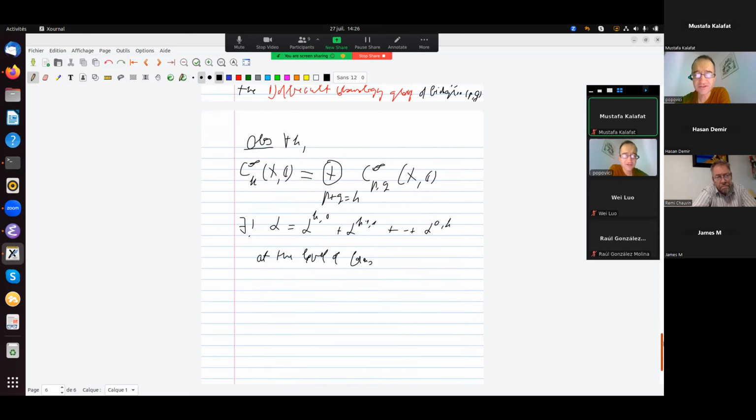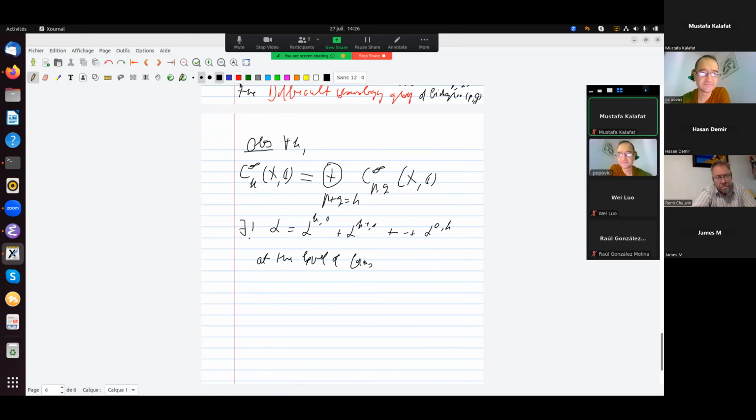But the fundamental question is, do we have a similar decomposition at the level of the cohomology? Do we have the same thing in cohomology?